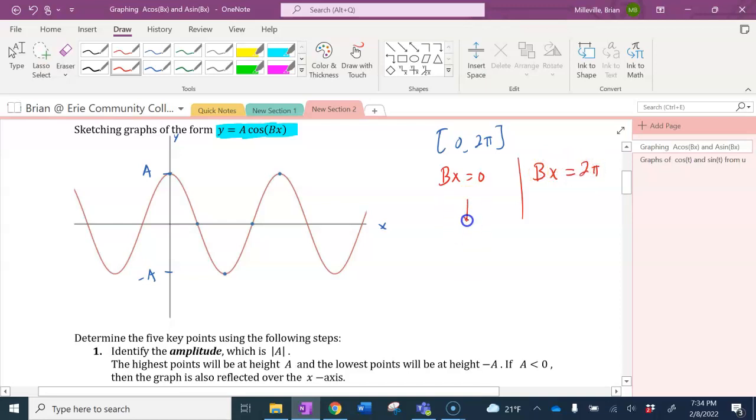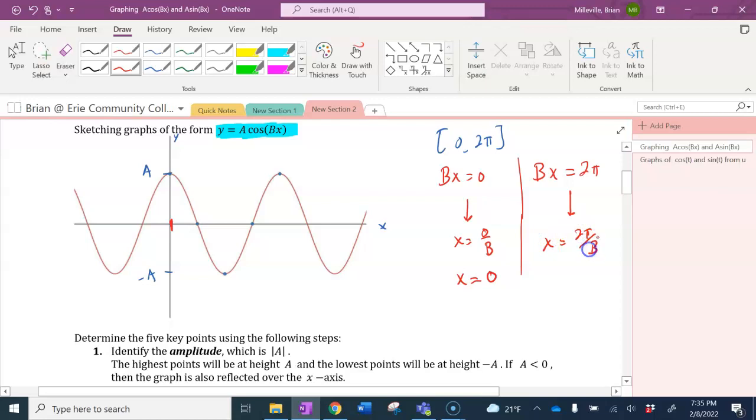Well, dividing both sides of the left equation by whatever the number b is, we would get x equals 0 divided by b. Well, 0 divided by any non-zero number is just 0, so that doesn't change. That means we're still starting over here at x equals 0. However, if we divide both sides of the equation on the right-hand side by b, we get 2 pi divided by b.